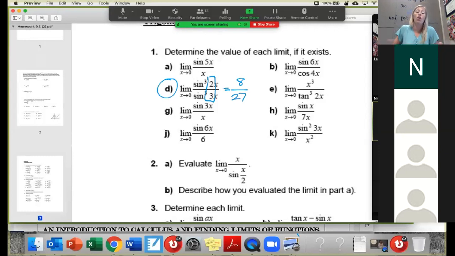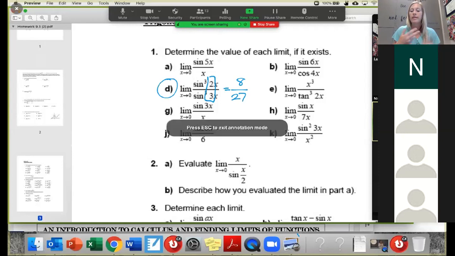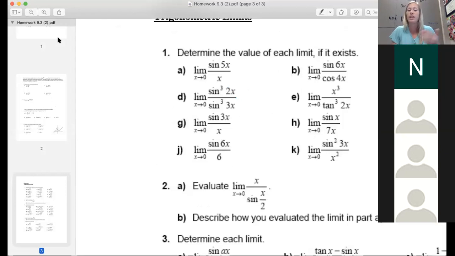I could show you all of the work to get D the way we just did the other one, but do you really want to do that? No. So some of these things you're going to start noticing patterns and your brain's going to tell you this is what the answer is. And it's because we did the work in other problems. I don't want you to have to do it every time.